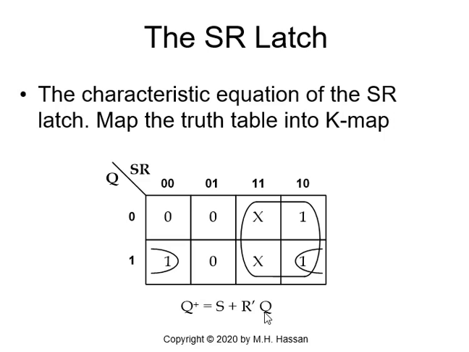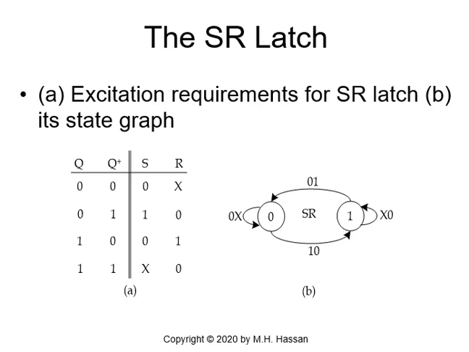From the characteristic equation, we can get the truth table if you want to, and from the truth table, we got the characteristic equation. Also, we are concerned a lot about what we call the excitation requirement of the SR latch, or the excitation table. What's the excitation table? It gives me the transition from Q to Q plus, 0 to 0.